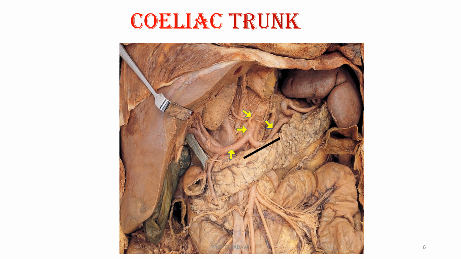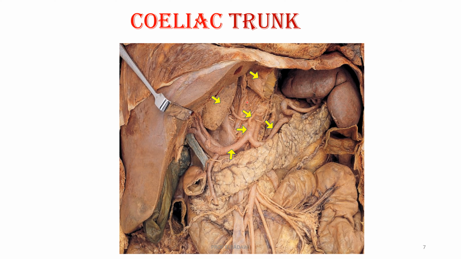It lies above the upper border of the pancreas. The pancreas is a bit dragged down, but this artery is along the upper border of the pancreas and on the right side of the cardiac end of the stomach. That is the cardiac end of the stomach.